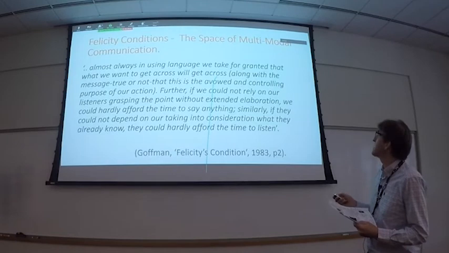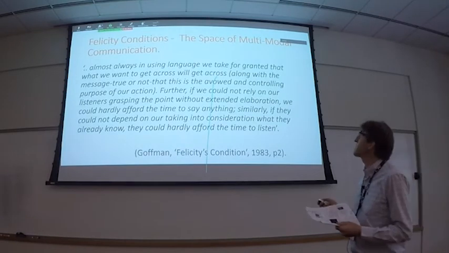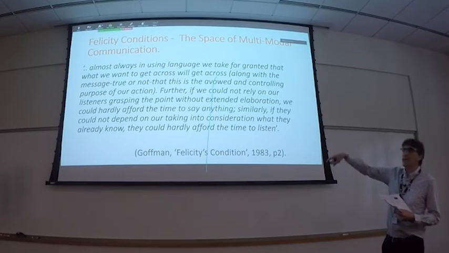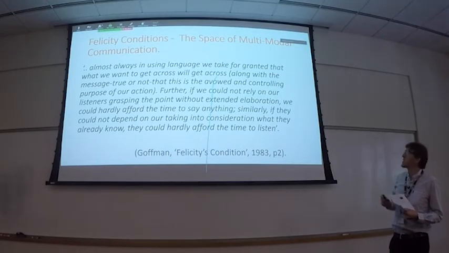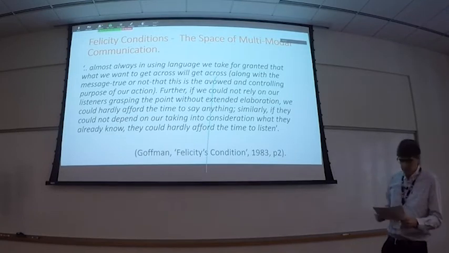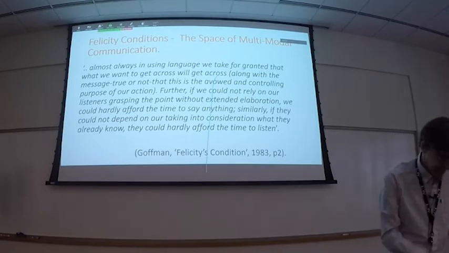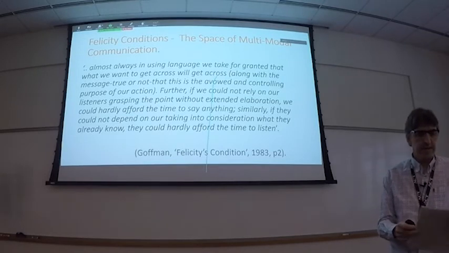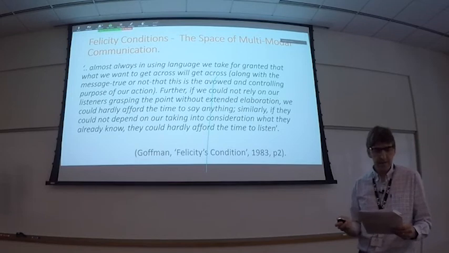Okay, so this is from Goffman's excellent paper on felicity conditions. If you know how to make this line go away, then please do, but otherwise we'll carry on with the line. This is Goffman's really excellent paper, where he's setting out the foundations of microanalysis in anthropology and sociology.